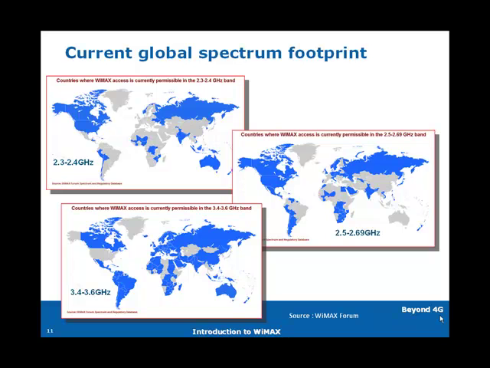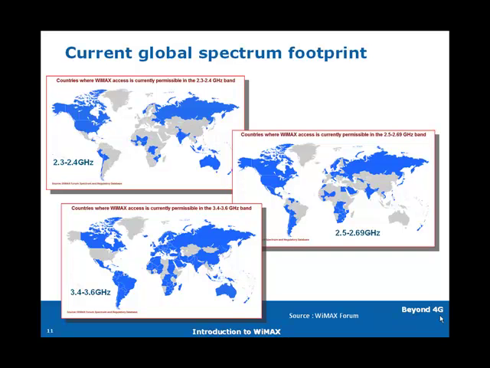We are on slide number 11, and in this particular slide the key message is that WiMAX has identified 3 global bands for deployment: 2.3 to 2.4, 2.5 to 2.690, and 3.4 to 3.6 gigahertz. These 3 global frequency bands are available for operators for deployment.